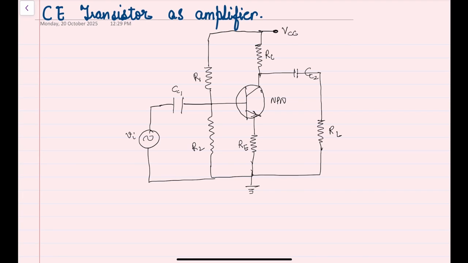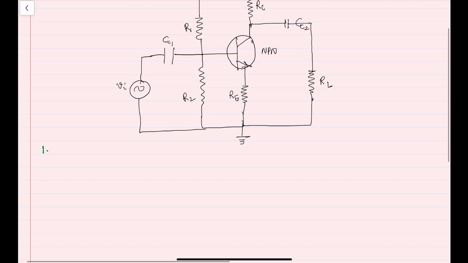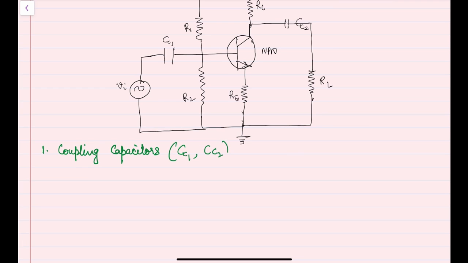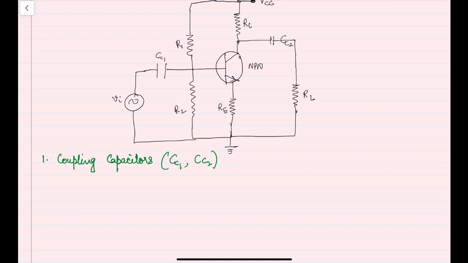Now let's understand the role of each component one by one. The first component we are going to discuss is the coupling capacitors. Here two coupling capacitors are used, denoted by CC1 and CC2. These are also called blocking capacitors. We know that the reactance of a capacitor is given by Xc equals 1 by j omega C, where omega is the frequency.